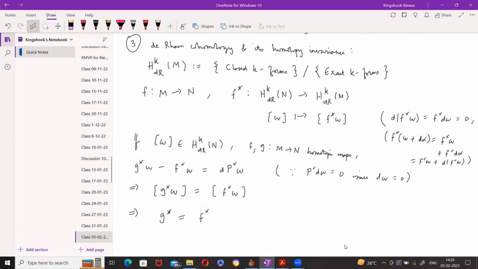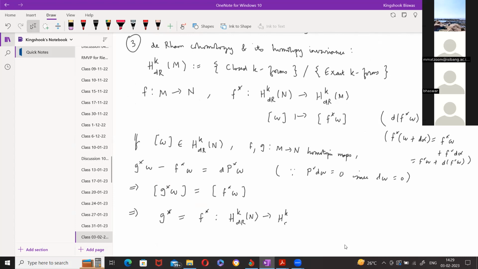G star is equal to F star as a map from de Rham cohomology of N to de Rham cohomology of M. Is this clear? So this is the homotopy invariance of de Rham cohomology. Homotopic maps induce the same map on de Rham cohomology. Is this clear?